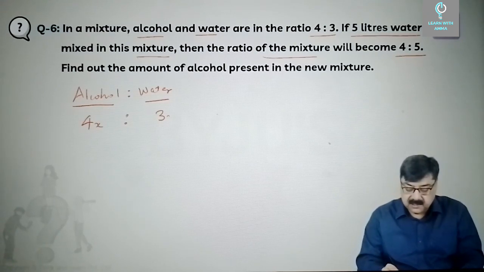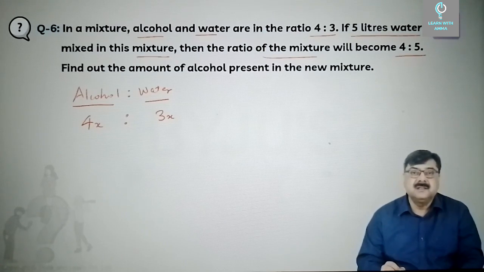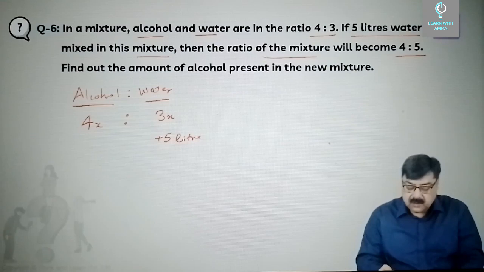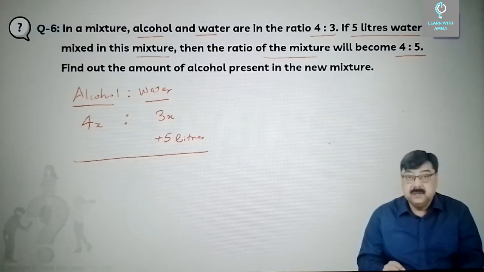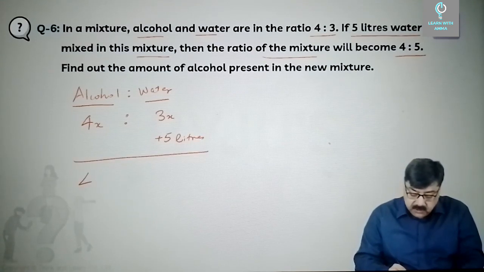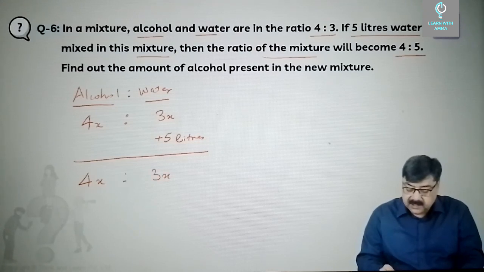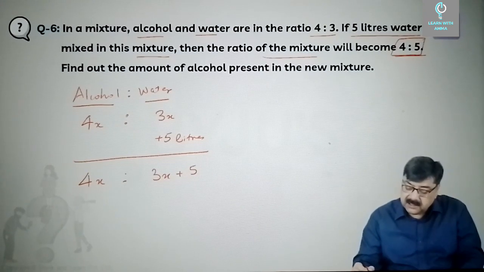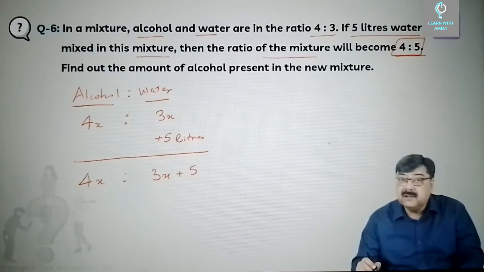So this is 4x and this is 3x. Now if you add 5 liters of water to this mixture, the ratio becomes 4x is to 3x plus 5 liters. But it is already given to you that the ratio should be 4:5.